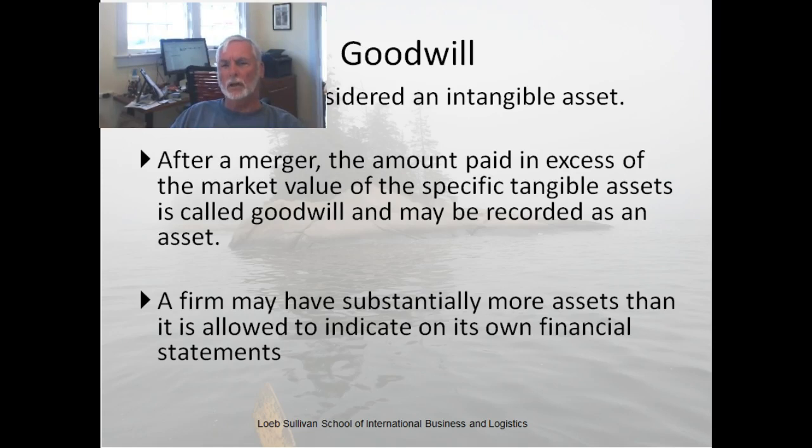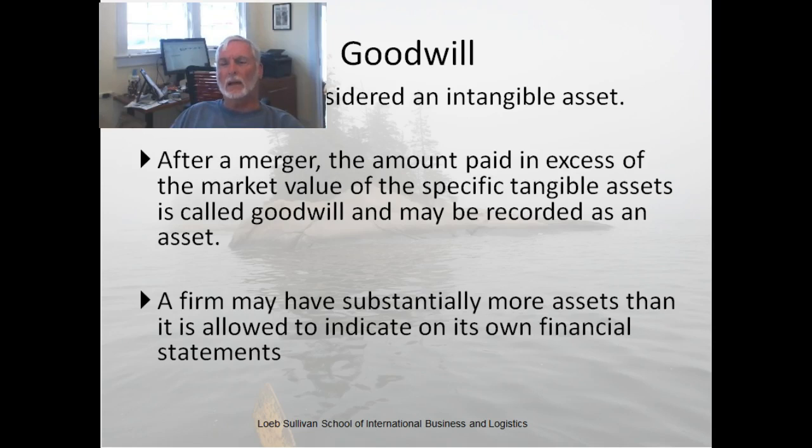Goodwill is an intangible asset that comes from the purchase of another business. So if I buy a business and I pay more than the net asset value for the business, that extra money that I pay is considered to be goodwill.